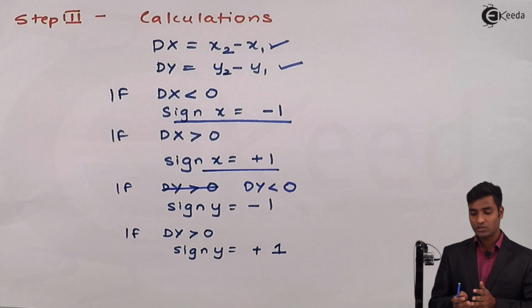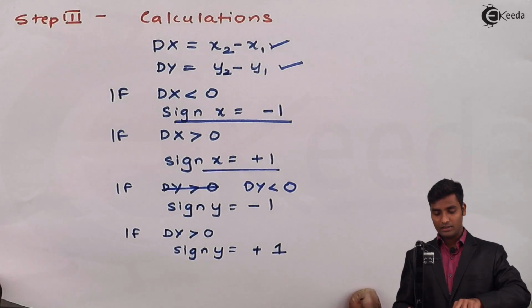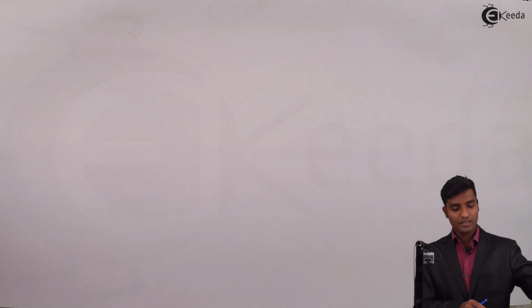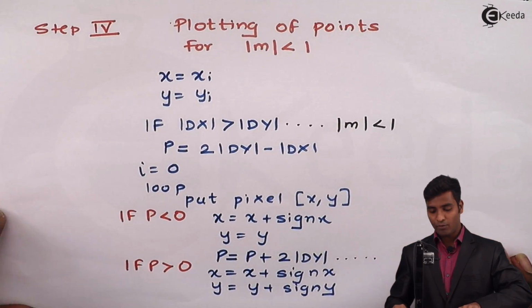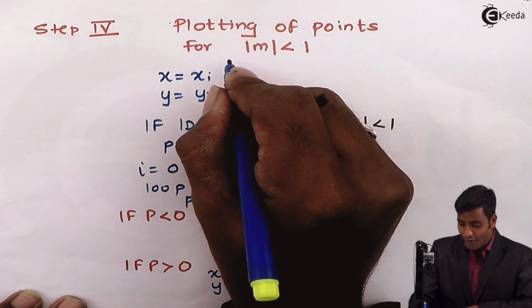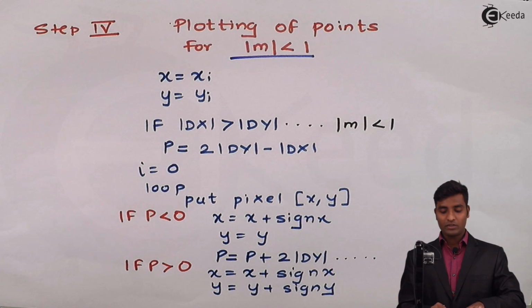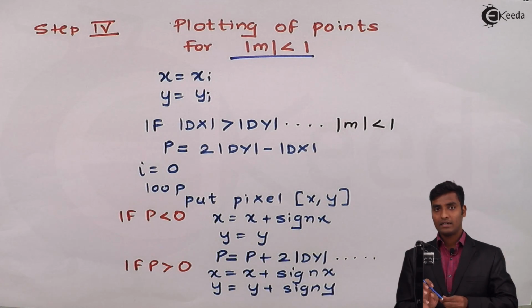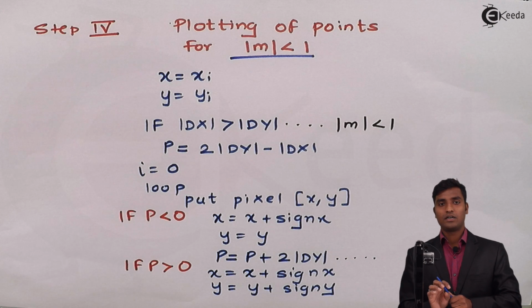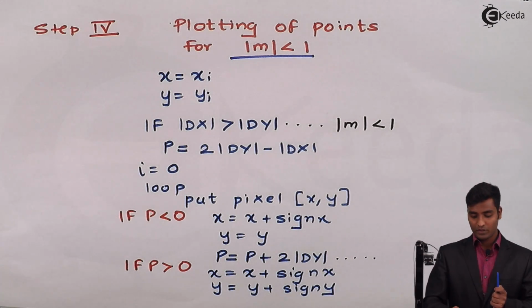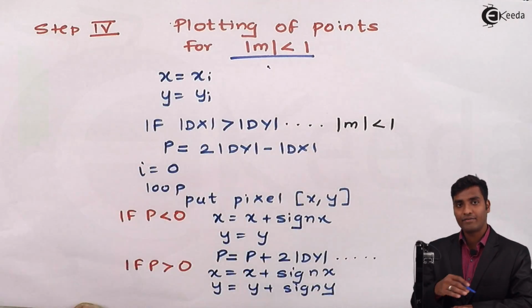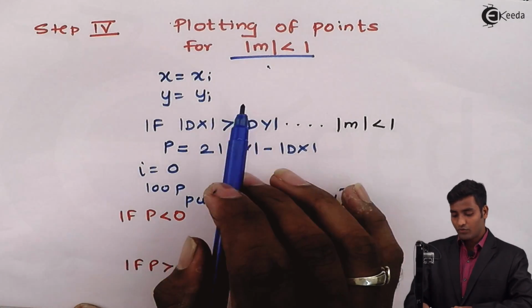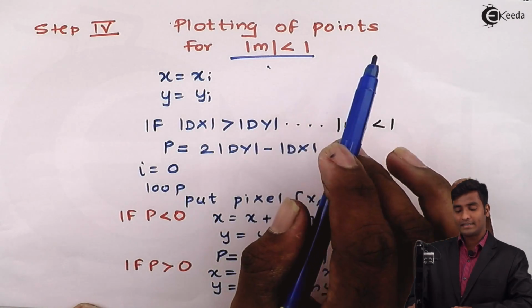So the next step is plotting of points, plotting of points for m less than 1. So we know that a line has some slope, and the slope has two cases, one is m less than 1 and one is m greater than 1. So here we will see for m less than 1.